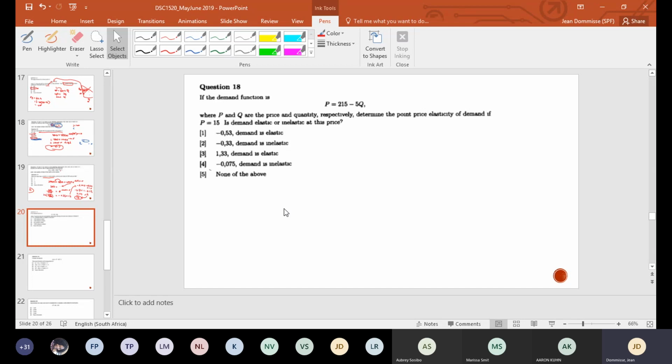I'm looking back, and I now actually want to check where my notes on the elasticity are. Before we even start, can't we eliminate a few of the answers?